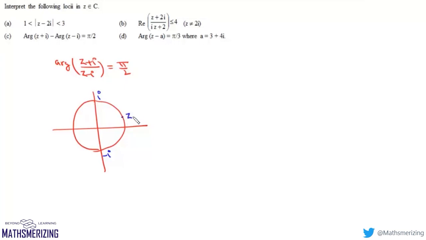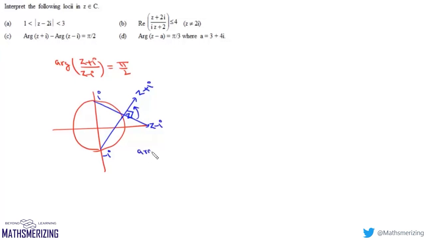Now if we take this point z here, then this is z plus iota and this is z minus iota, and this angle is 90 degrees when the rotation is in anti-clockwise direction.